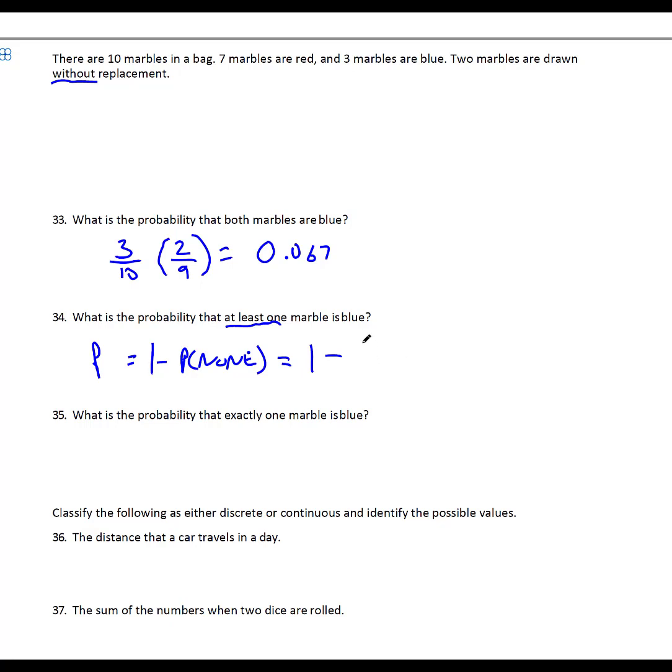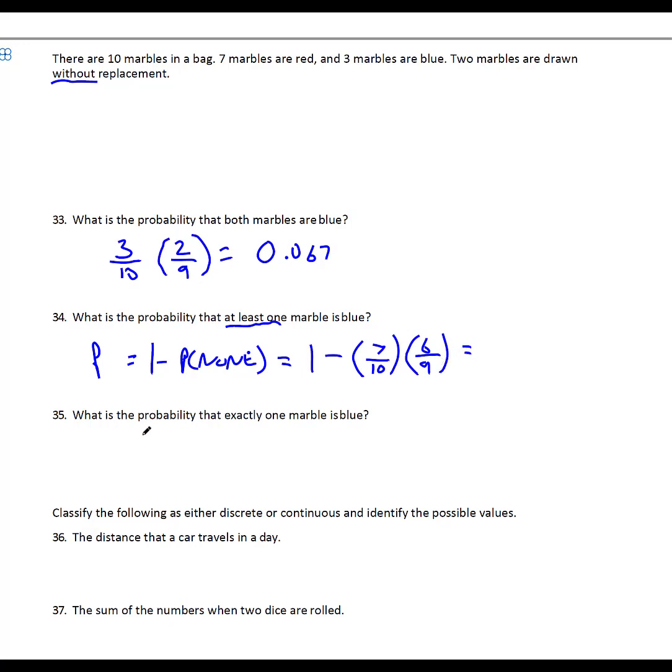To get none, of course there's 7 red marbles, so the probability of drawing that is 7 over 10. Now if we still don't want to draw a blue marble, we would like to draw another red one. What is the probability of drawing a red one now since we drew one out without replacement? Well, now we've only got 6 red left out of a total of 9.